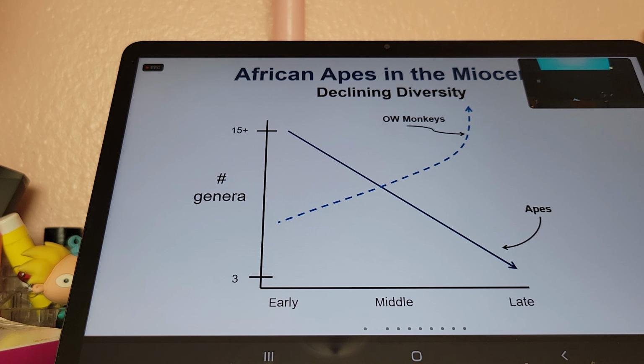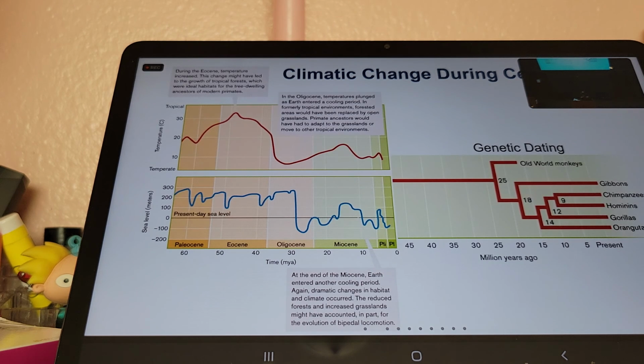We already saw another group, the lorises, can't compete with monkeys, so they get character displacement and an evolution of a diurnal lifestyle, right? What happens to apes, for the most part, is we get extinction of almost all the ape genera that were present during the Miocene, right? And only the ancestors of the modern apes survive, and our ancestors. So competition with the Old World monkeys is already going on. And then we also have a period of cooling and drying.